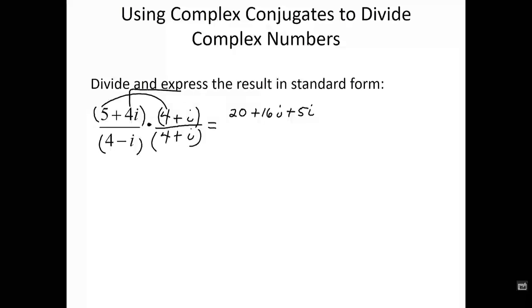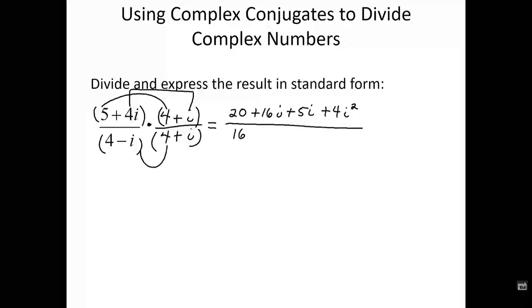And 4i times i is a positive 4i squared. All divided by the product of the conjugates. 4 times 4 is 16. We expect this to be a real number. That's what we said. Let's just do the multiplication.